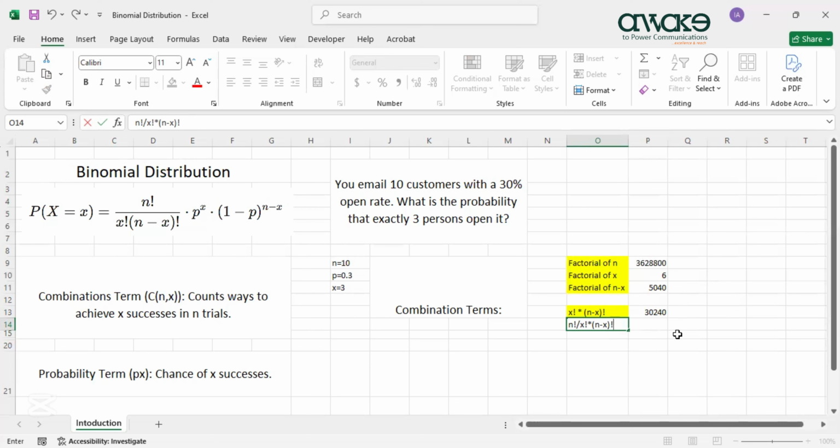This label looks exactly like this section, which is our combination term. So our formula will now be equals N factorial divided by the multiplication of X factorial by N minus X factorial. We hit enter, and we have our answer for this section as 120.